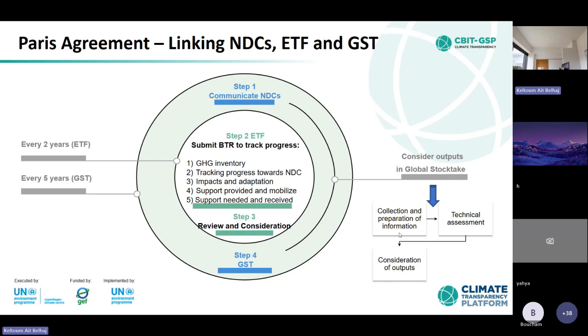And then every 5 years, the global stocktake takes place, using all those reports in order to assess the collective progress, as we mentioned. And that global stocktake comes out with recommendations for the updated NDC. So what's important here is the feedback loop. The outputs from the ETF feed into the global stocktake, and the results of the global stocktake inform the next NDC cycle.